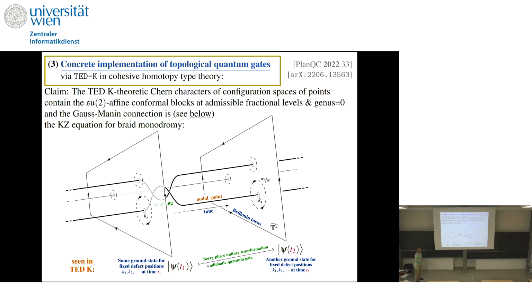And so as you braid these around and ask how my K-theory class depends as we move in this fiber bundle of configuration spaces, it will transform, and that transformation is a braid group representation for SU2 anyons.